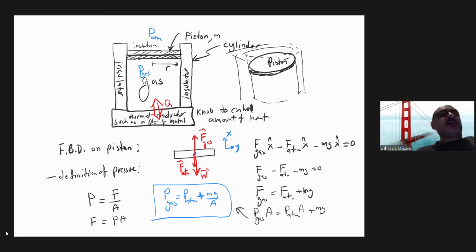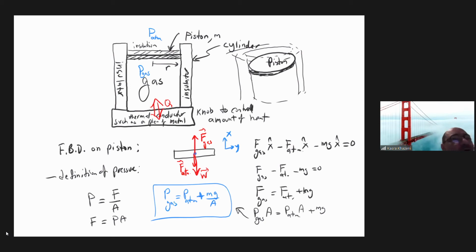A lot of the problems and examples in the book are shown using this methodology, and they never explain exactly what they mean when they say, "Oh, the pressure of the gas is atmospheric pressure in this system."